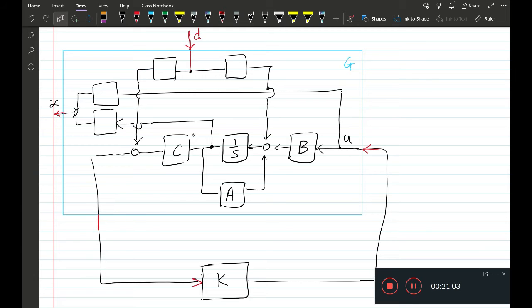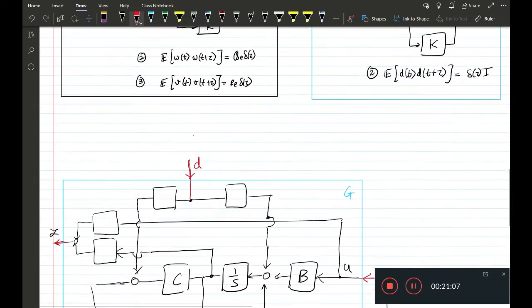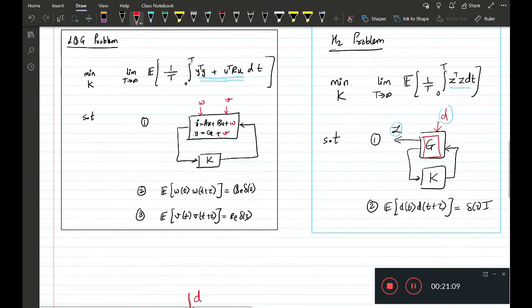So the idea now is to fill in these empty blocks so that these two problems are identical in cost and in constraints.